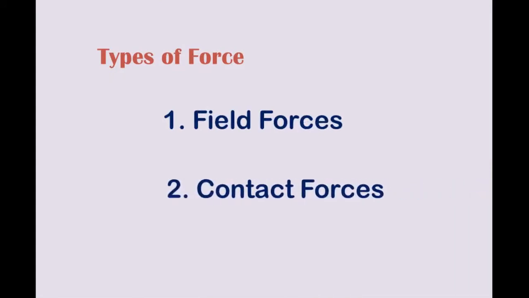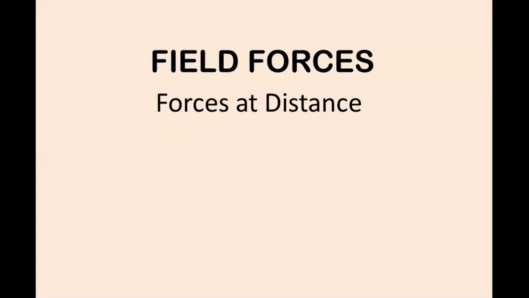Now, let us discuss this force in our class. We have two types of forces. One is field forces and the second one is contact forces. Now let us discuss field forces. Are you ready, children?